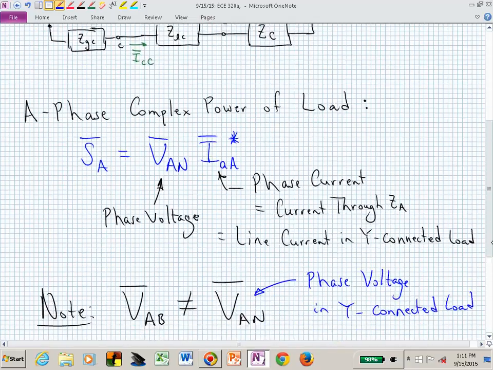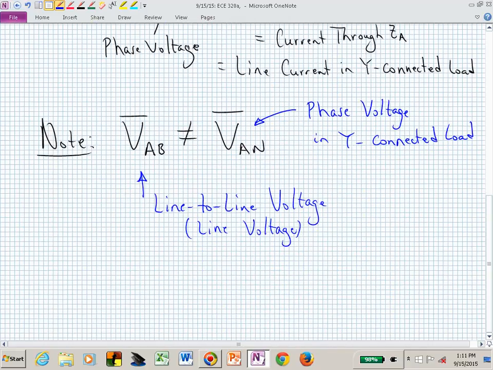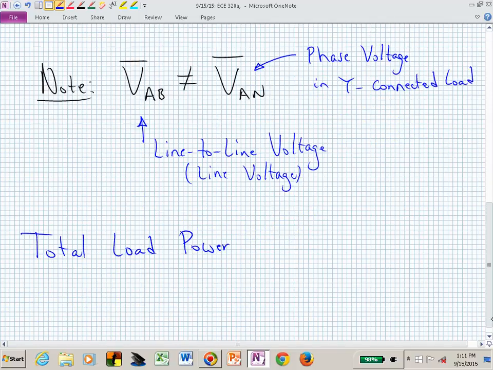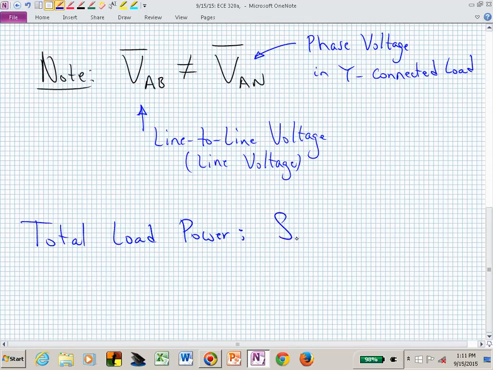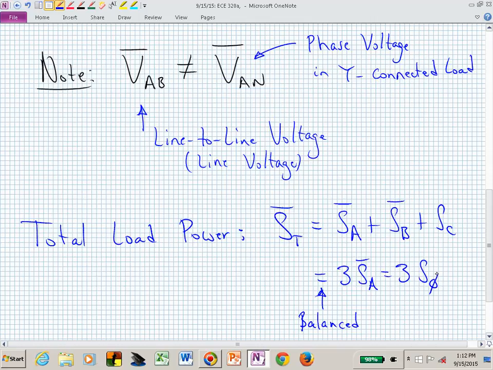If we wanted the total power, to obtain the total load power, that's S sub A plus S sub B plus S sub C, but if it's balanced, each of those is exactly the same, and so now we have 3 S sub A, or we may just say 3 S sub phase.